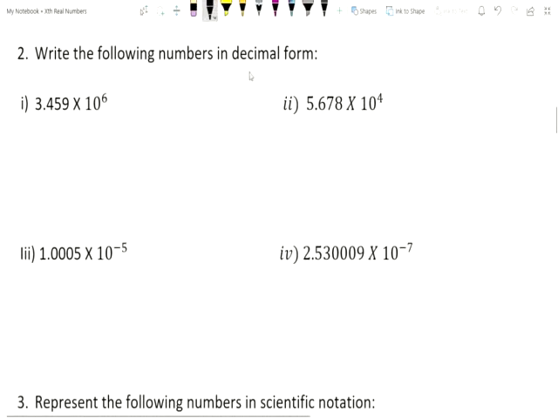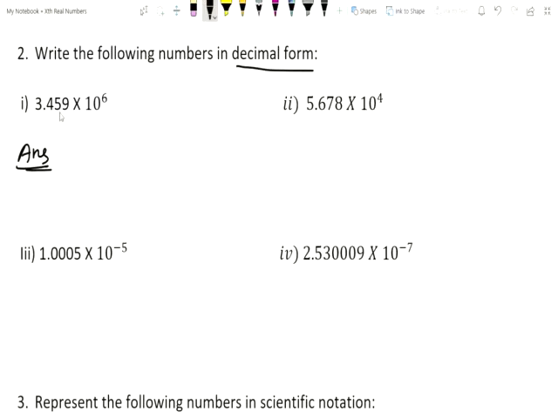Write the following numbers in decimal form. Here scientific notation is given. We are going to convert into decimal form. First you see the powers. The power is positive, and positive powers mean the decimal place will move to the left side.